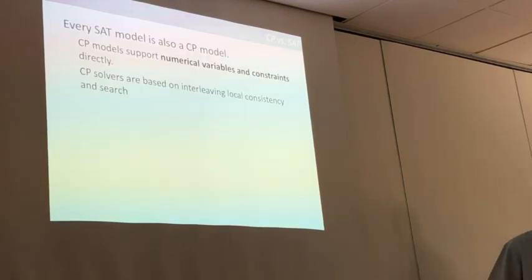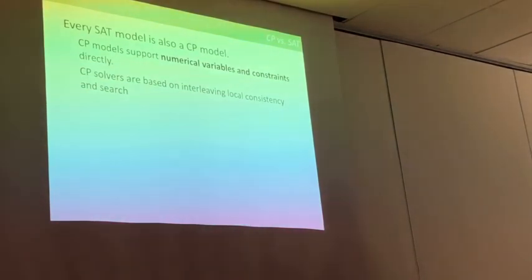And about the solvers, it's again very similar, the CP solvers and the SAT solvers. So in CP, the solver is interleaving maintaining local consistency and search. So what does it mean? Local consistency means that if somebody gives you a constraint, you can remove values from domains of variables that are violating the constraint. So if you have a constraint A is smaller than B, then every value in A that does not have a support in B can be removed from the domain.